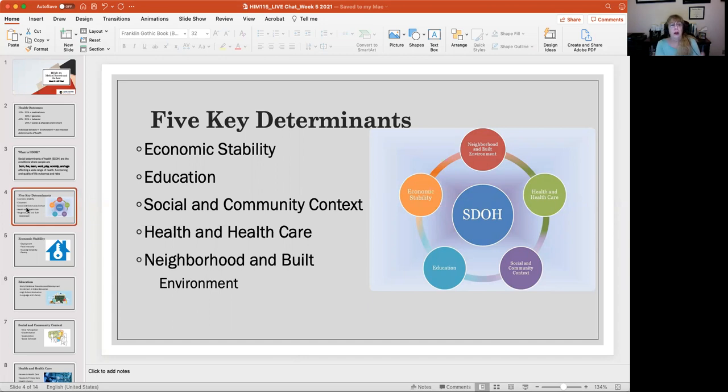Okay. Social and community context. What that means is, human beings are community. We interact. And I know with COVID, it's of course been socially restricted, but you can still have, just like we're doing right now, Zoom.